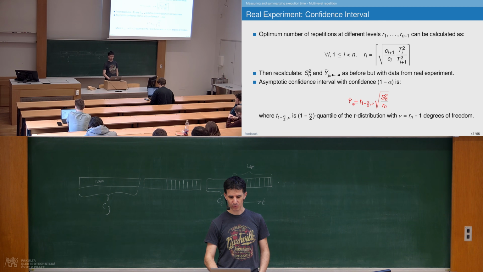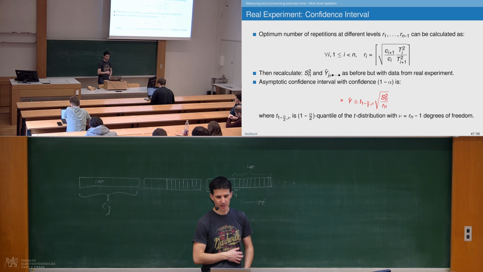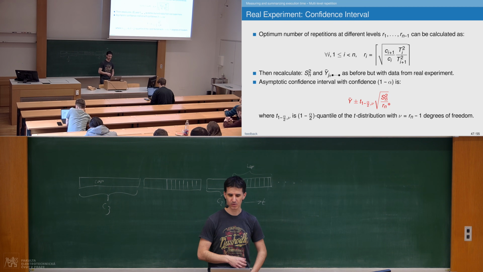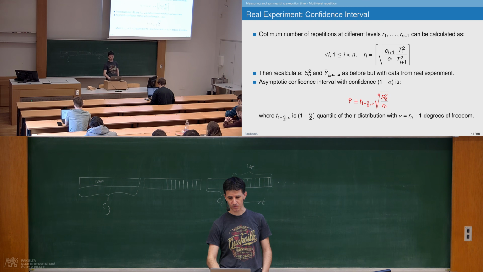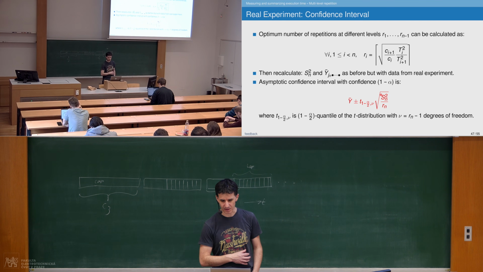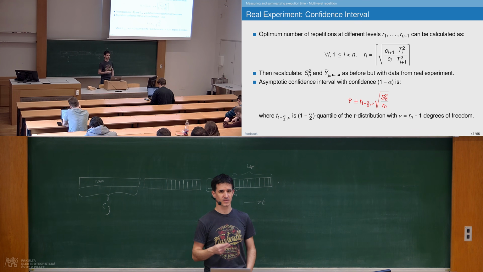So you will calculate the mean value from your measured values, and then, I think this is from the Student t distribution, you will calculate the confidence interval based on those S_N squared estimators.